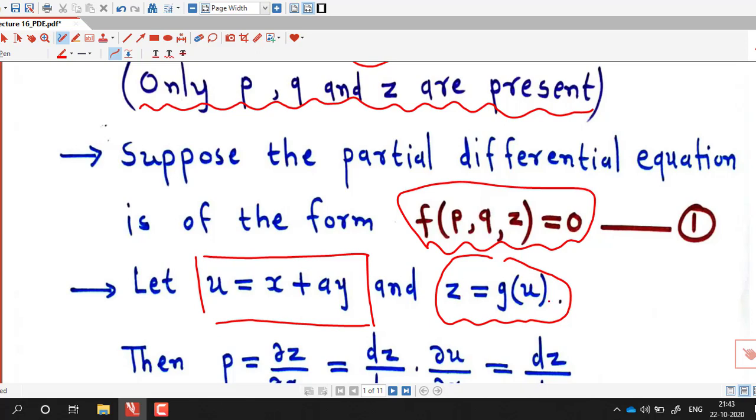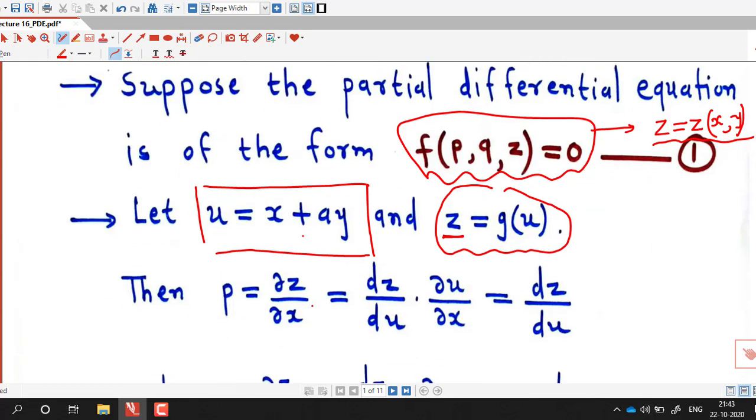So z is function of only one variable u, and u is function of x and y. Also in this equation we know that z is function of x and y also, and from this also you can see z is function of u and u is function of x and y. So z is function of x and y.